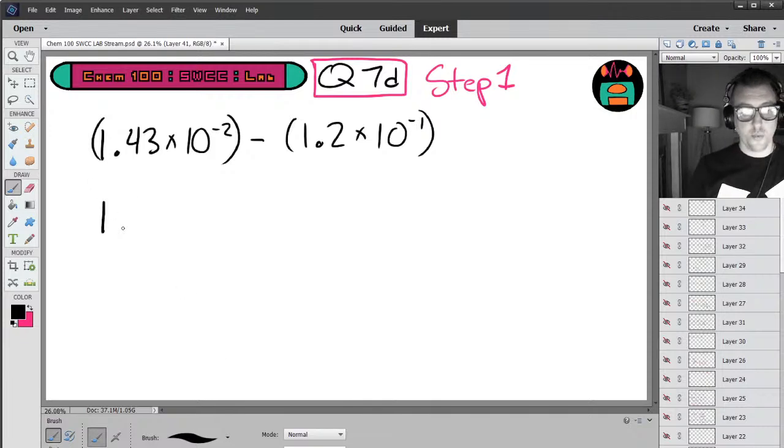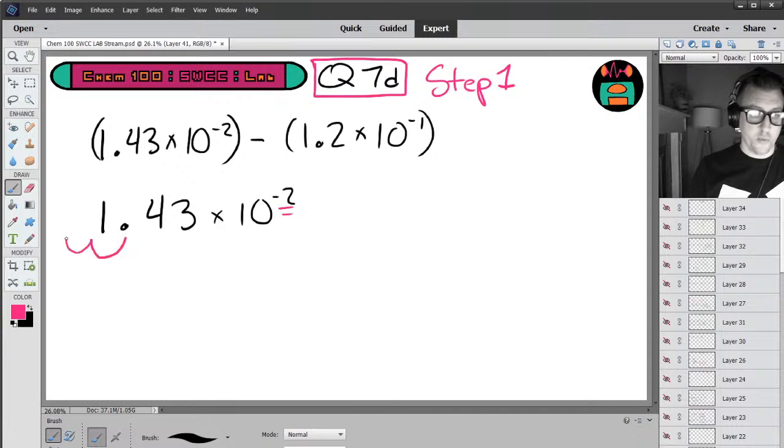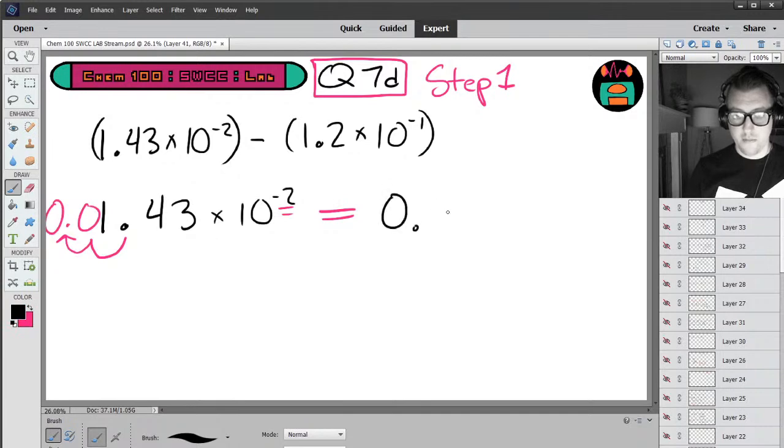All right, so 1.43 times 10 to the negative 2. This negative 2 means we need to take our decimal and roll it 2 spaces this way. So this is equal to 0.0143.